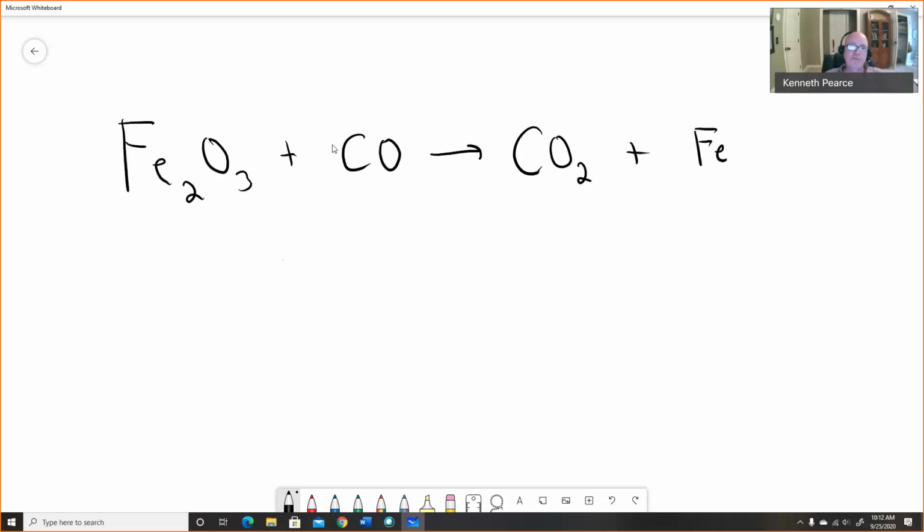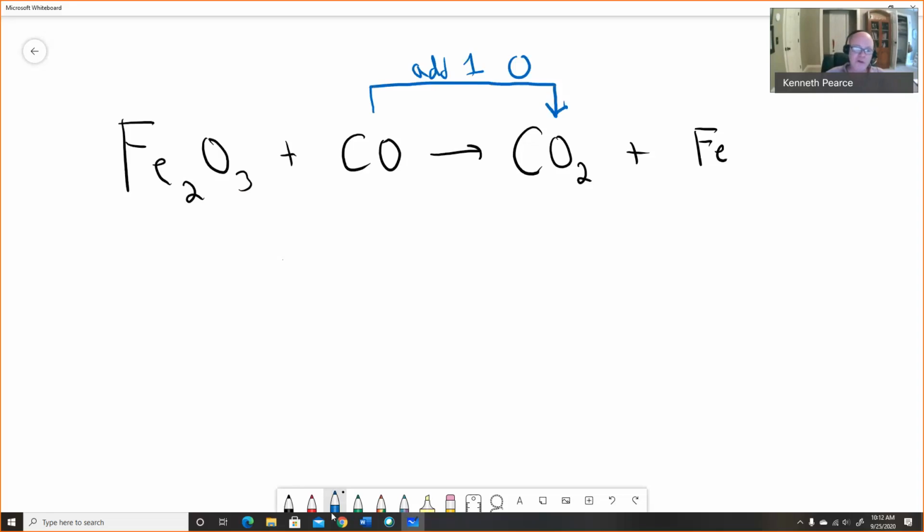Where does it go? And so what I see here is that when the carbon monoxide becomes carbon dioxide, you're adding 1 oxygen. So for every carbon monoxide that becomes a carbon dioxide, you're adding 1 oxygen.